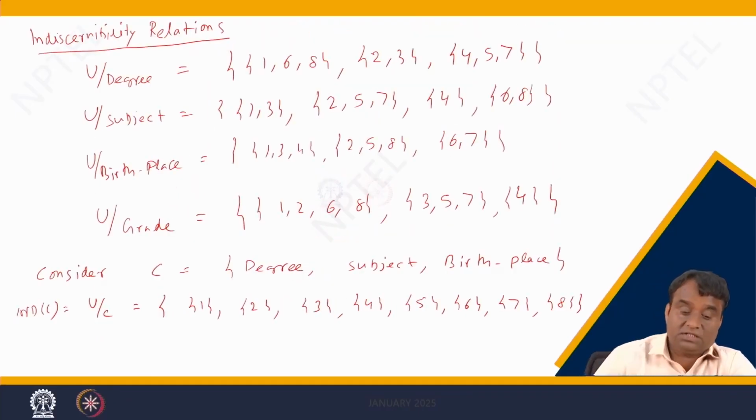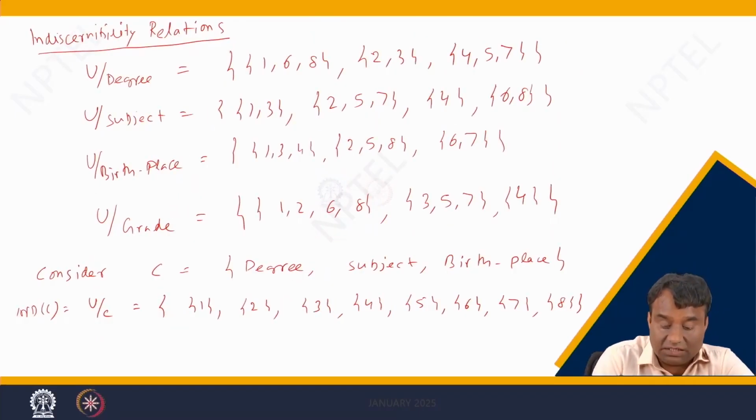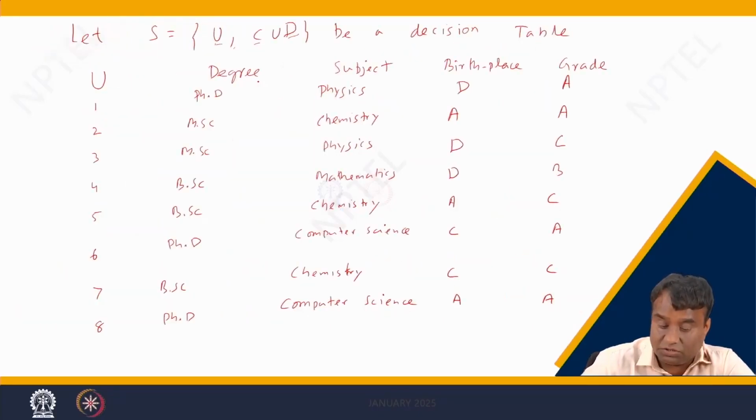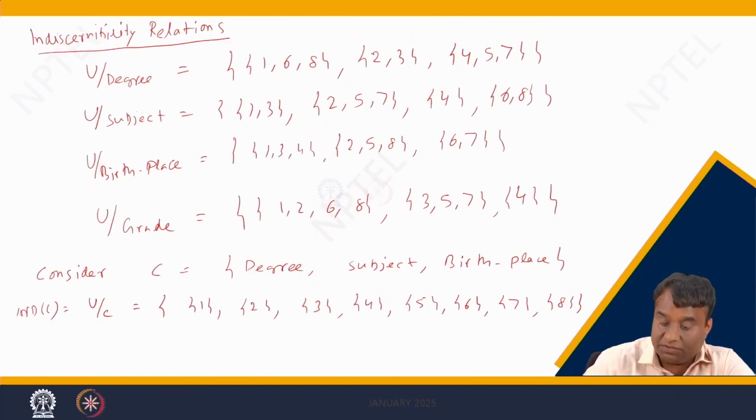So now try to understand the indiscernibility relations. First, U by degree, or that is the indiscernibility relation of degree. So here 1, 6, 8 are PhD, 2, 3 are MSc, 4, 5, 7 are BSc. Similarly, you can find the indiscernibility relation of subject.